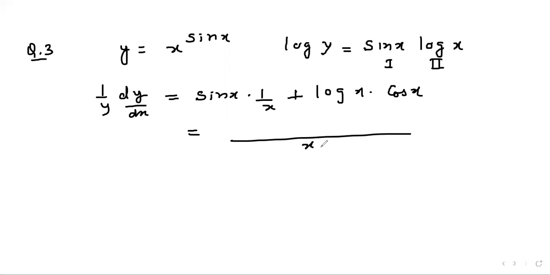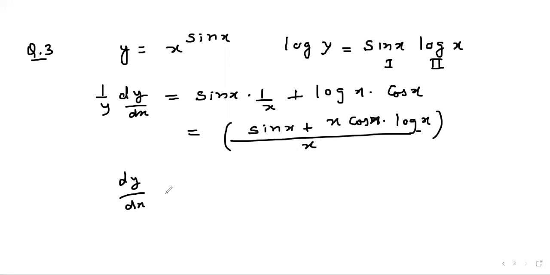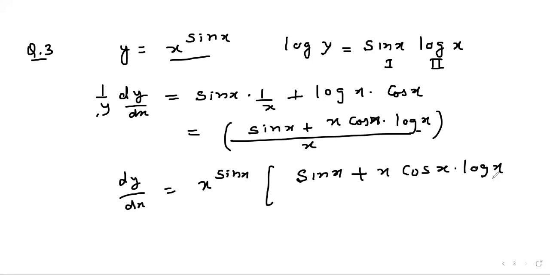We can take LCM x: (sine x plus x cos x log x) upon x. So dy by dx will be y times this. Here y equals x power sine x. So we can write x power sine x times (sine x plus x cos x log x) whole by x, which is our answer.